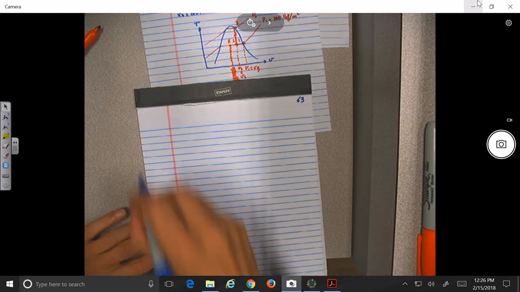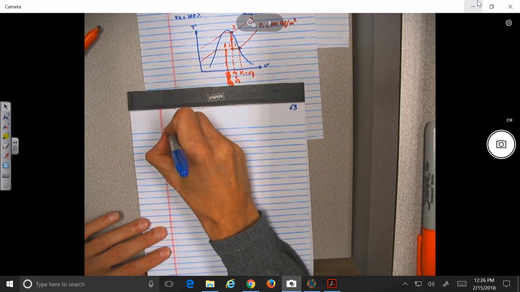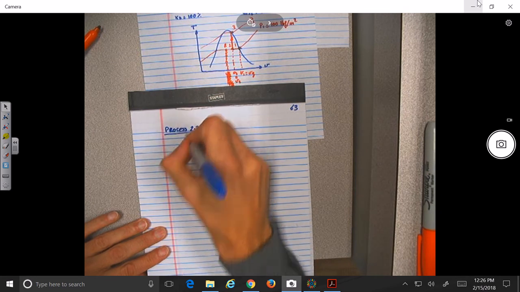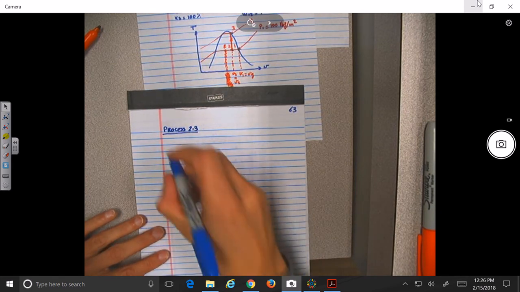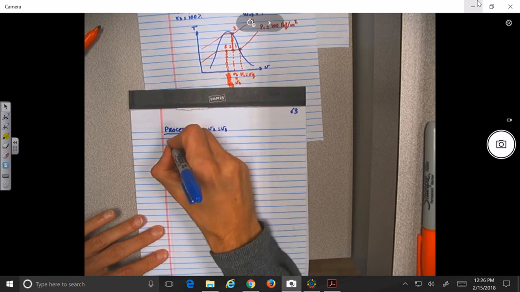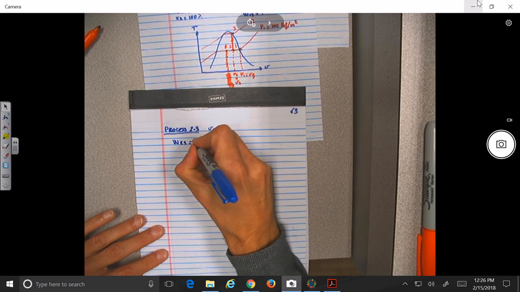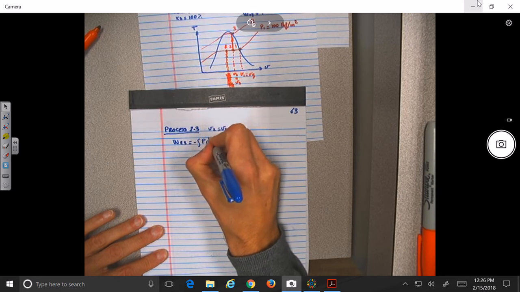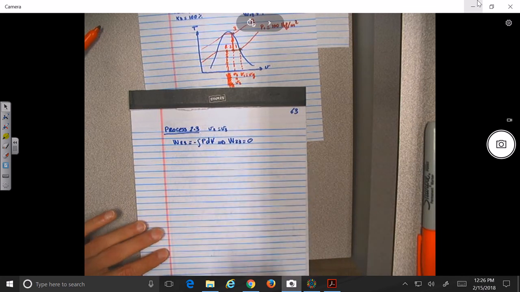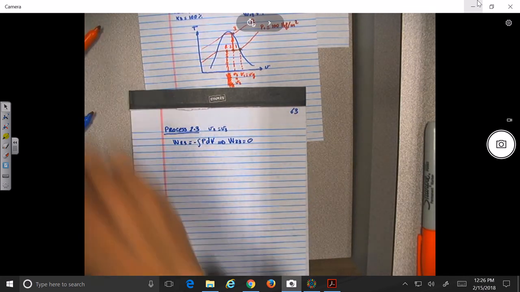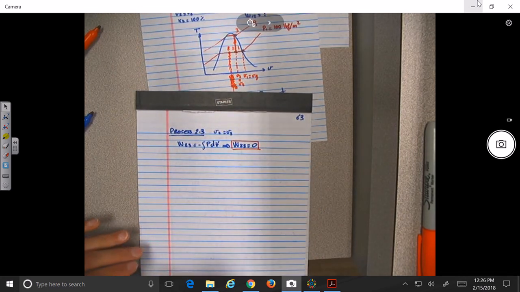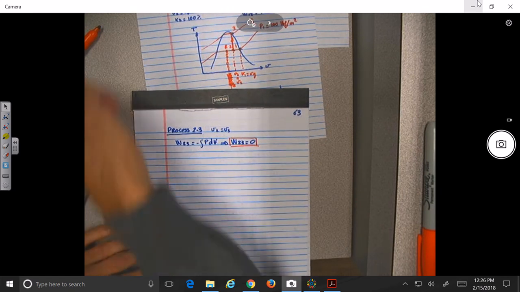Okay, now for process 2-3. I know they don't ask it, but we know V2 equals V3. So if we do the work 2-3, what does that mean? Work 2-3 is 0. Yeah? Okay.